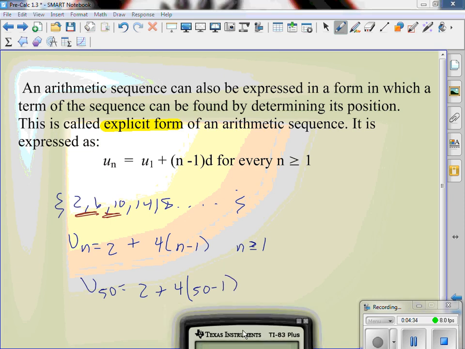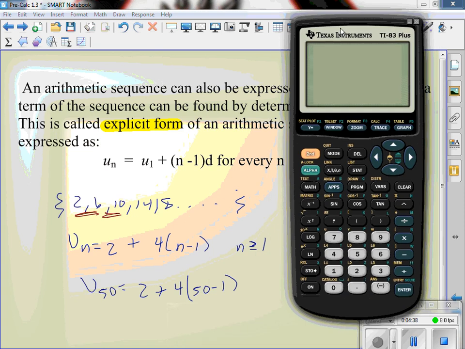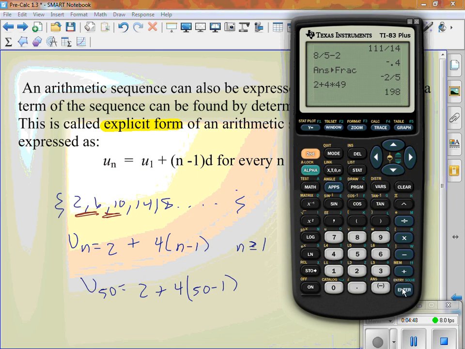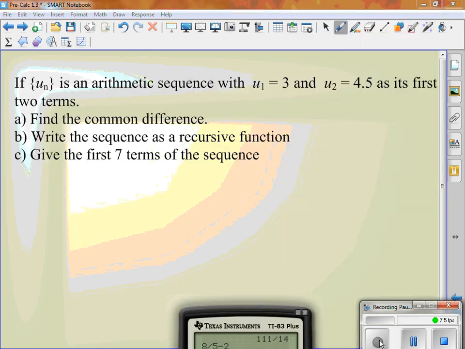To find the 50th term, I just put in 50 for n. I'll just use the calculator. 2 plus 4 times, I'm not going to write 50 minus 1, I'm just going to write 49. The 50th number would be 198.